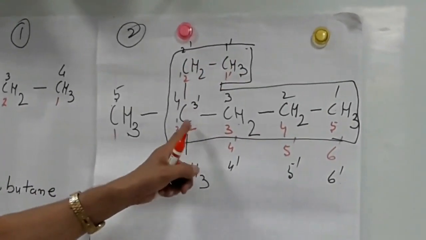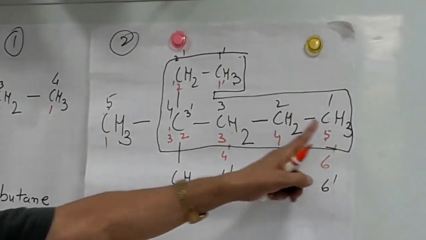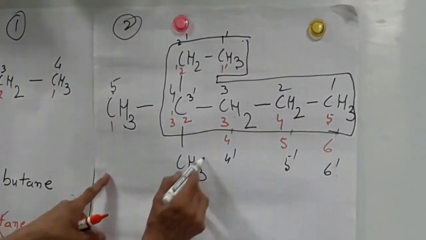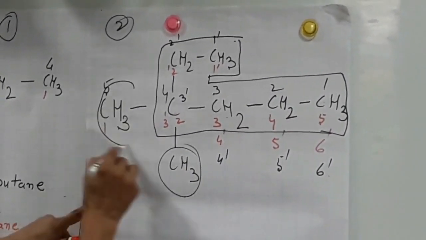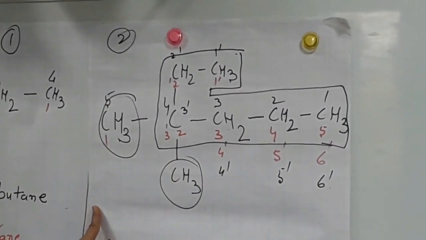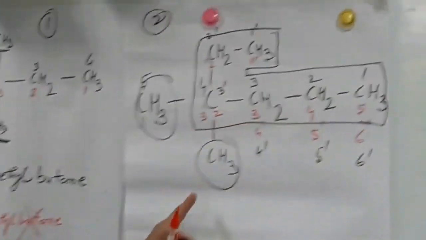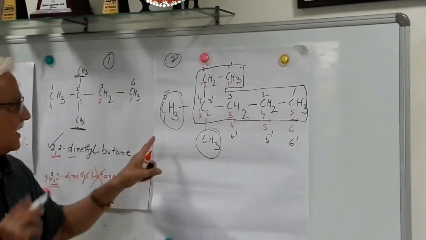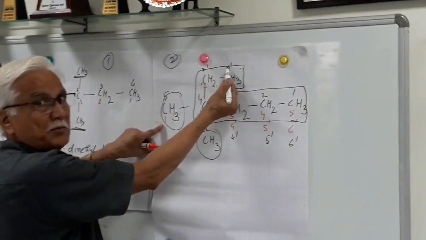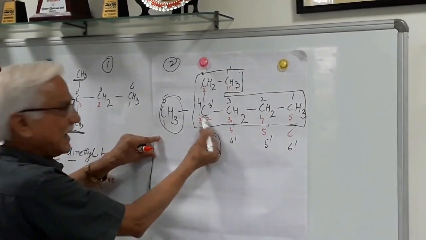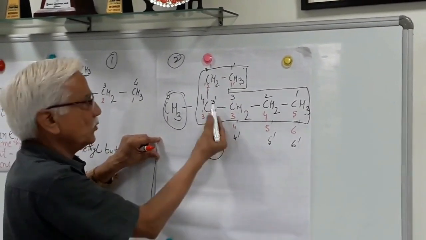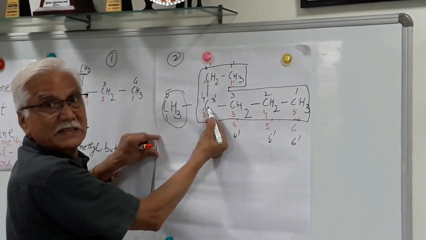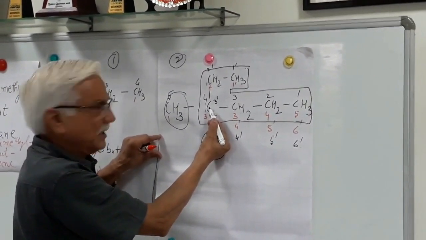1, 2, 3, 4, 5 and 6. This is the root chain. There are two side chains, 1 and 2. Now comes the position of the side chain. If I number from here, 1, 2 and 3, then the side chains are on carbon number 3.